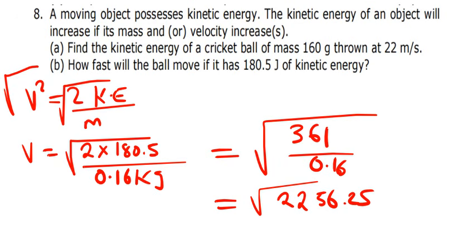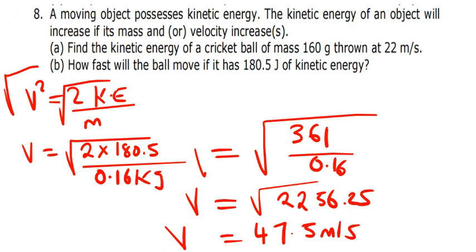Now the square root of that gives me v to be 47.5 meters per second. So this will be the velocity. That is how fast it is going to move.